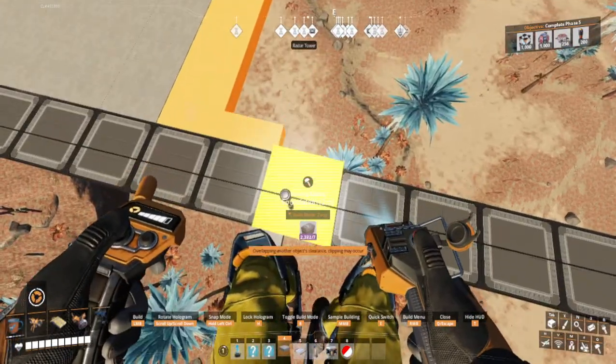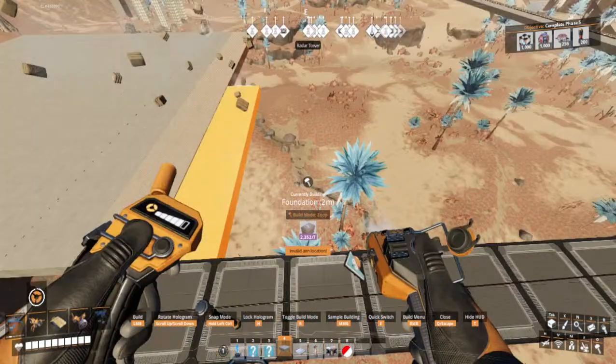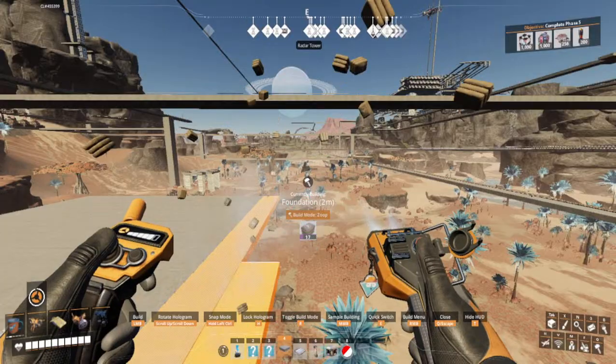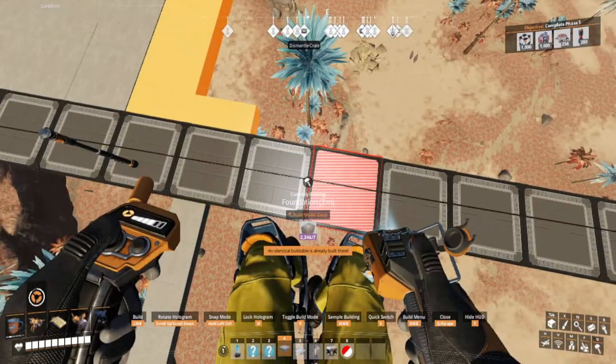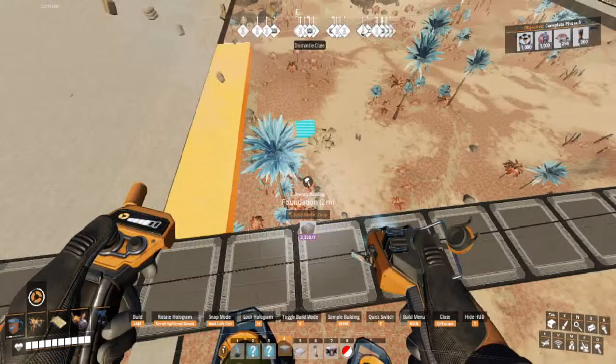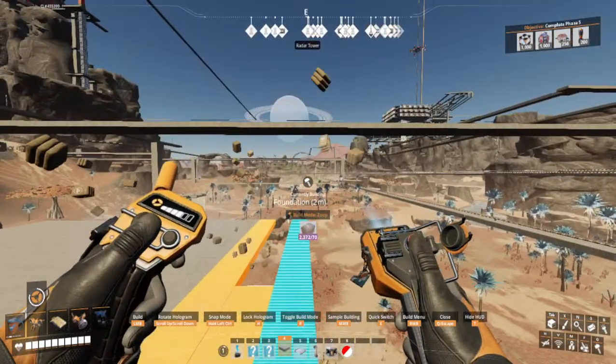This is my pre-build, my blueprints. Then I can use this if I have to build something else in the area. I can use it again and keep on using it.